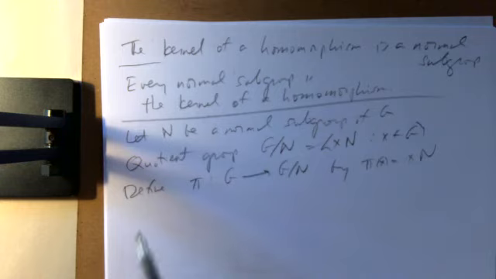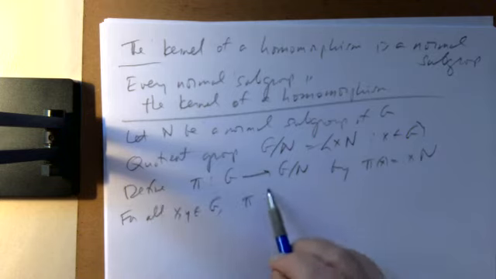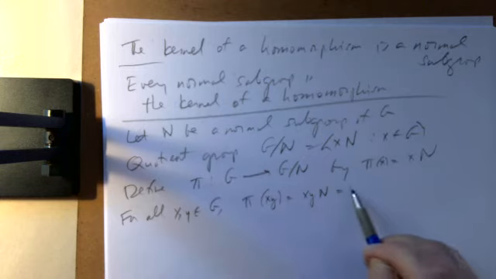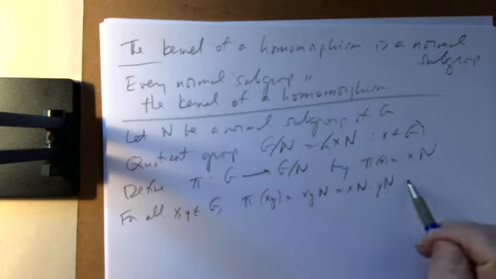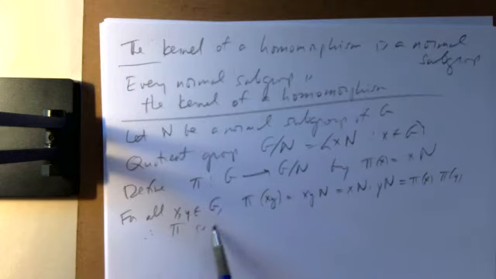I claim this is a homomorphism. So for all x and y in the group G, pi of xy is the coset xyN. But that's the product of the cosets xN and yN. And that's pi of x times pi of y. So therefore, pi is a homomorphism.